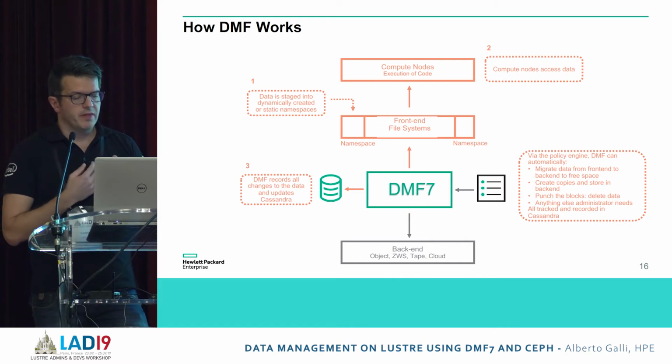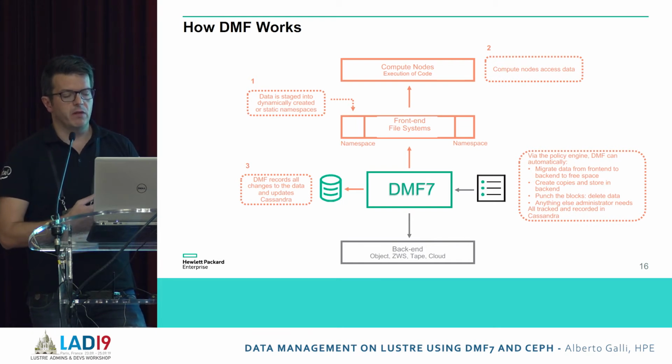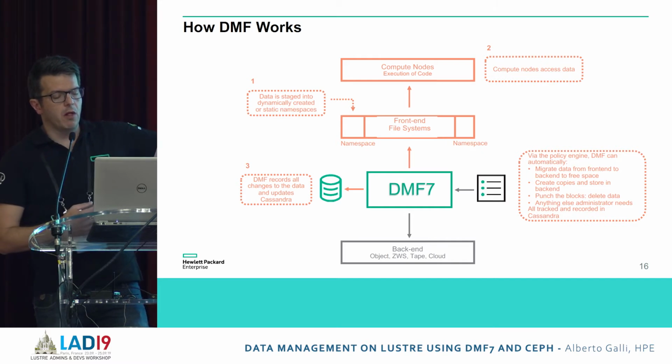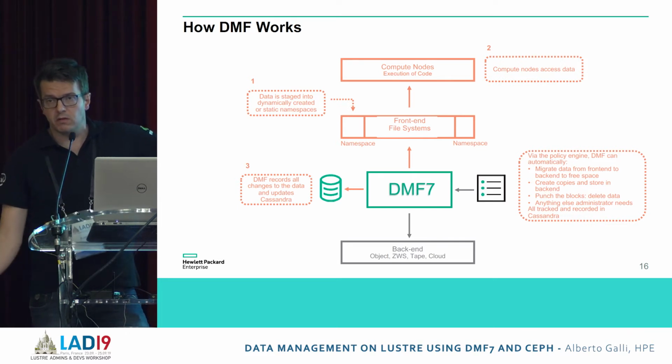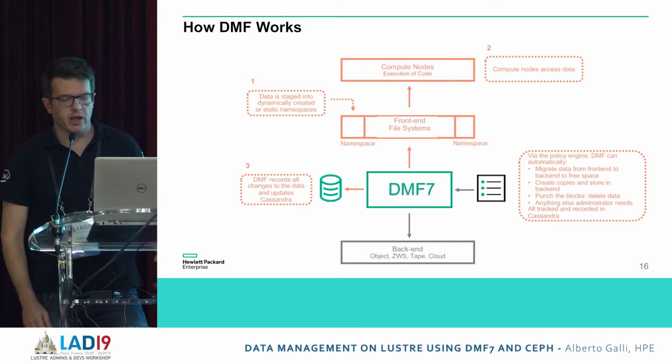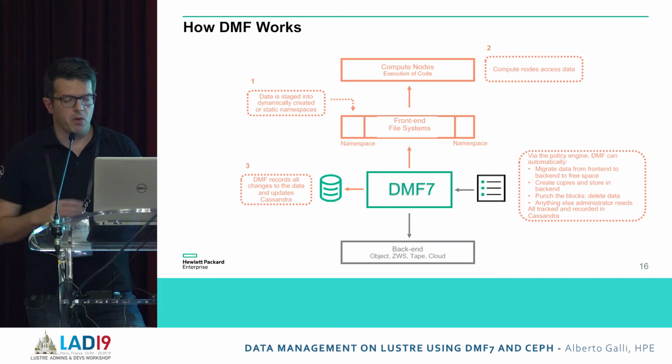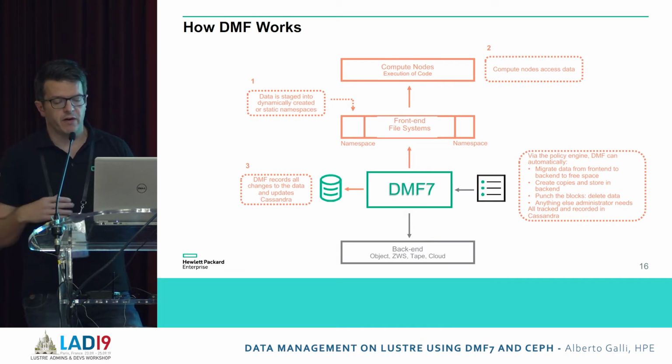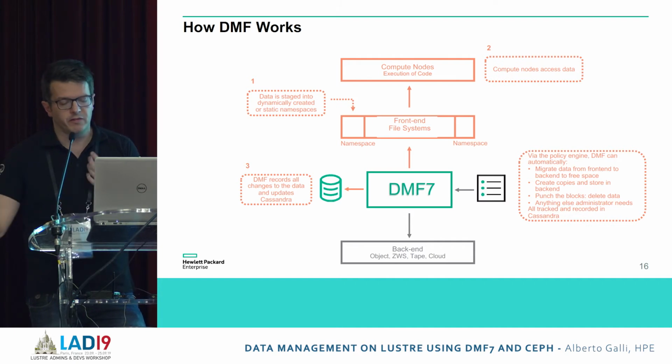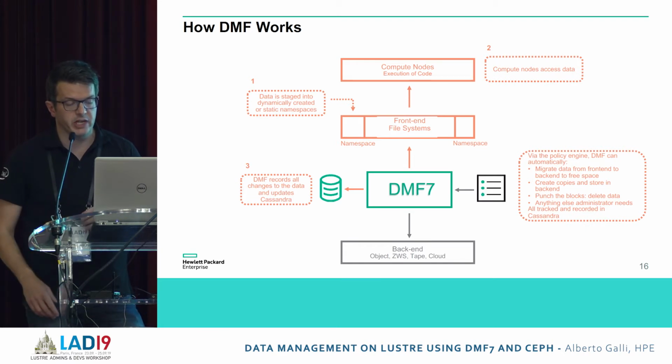DMF is capable of doing a lot of things with a file. First of all, it can automatically migrate files that pre-exist, according to policies. Like Robinhood can, it's nothing new, but without doing anything, you have the policy running, and if the file system, for instance, is too full and you have files that can be migrated offline to the backend, it will do that automatically.